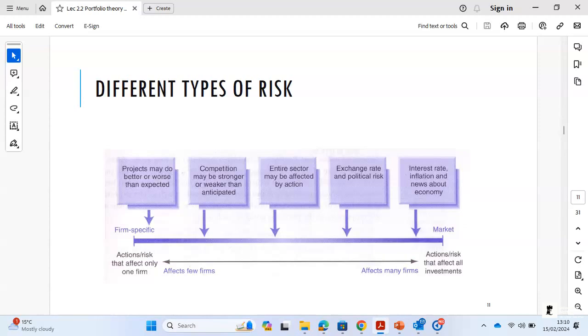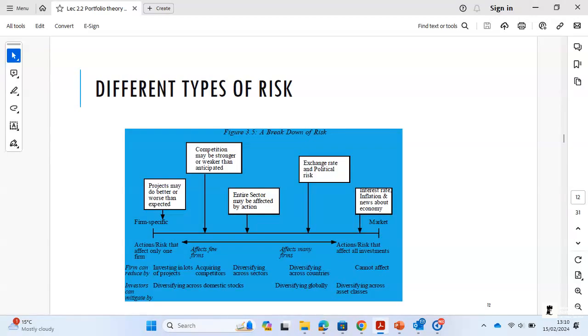Yes or no? Pay attention. If the firm has debt in its capital structure, the debt makes the firm more risky. Yes or no?